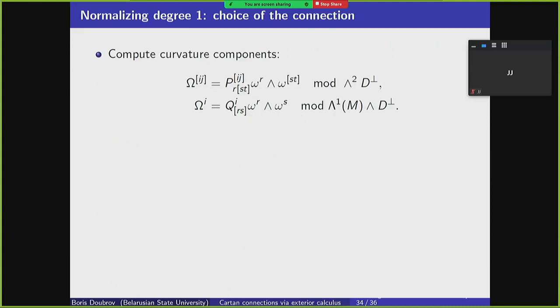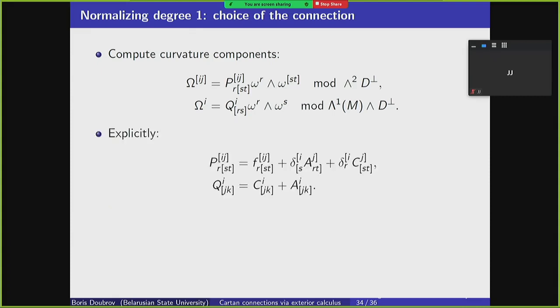Computing further curvature, we get more and more tensors showing up. What is the advantage? We can compute them very explicitly in terms of the structure functions of our non-canonical frame. So some structure functions of our non-canonical frame start to show up here.